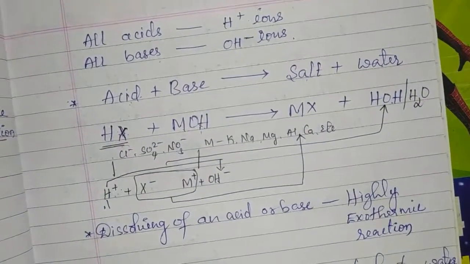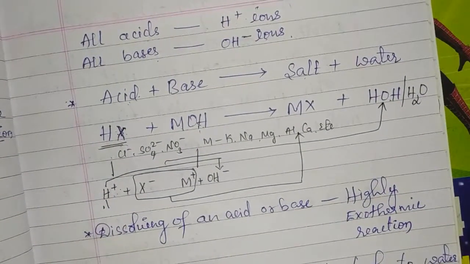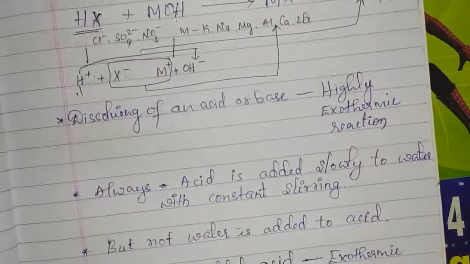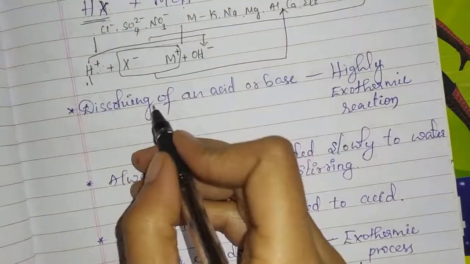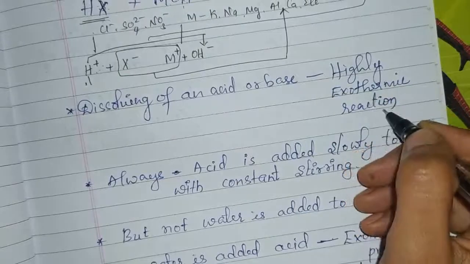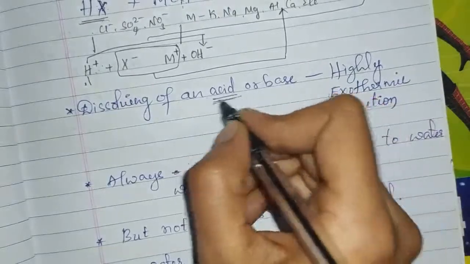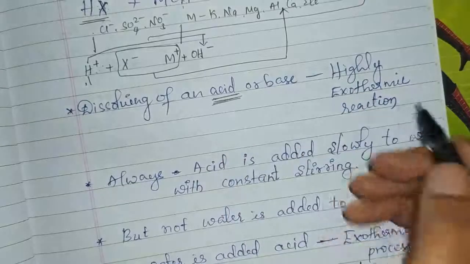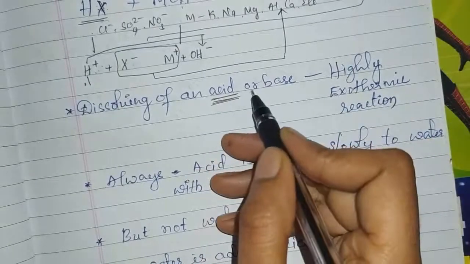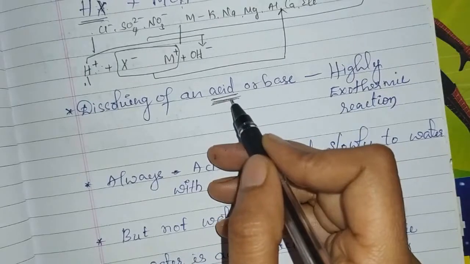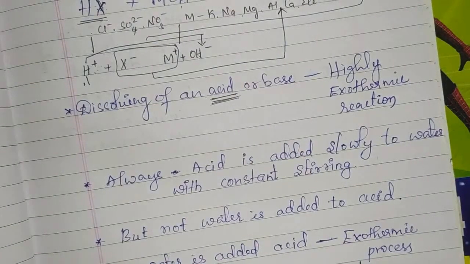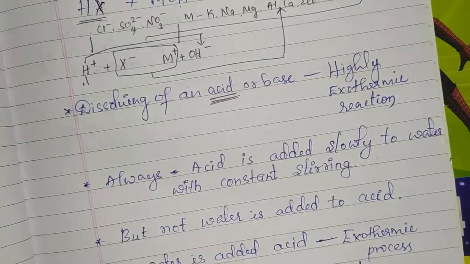Like this, acids release hydrogen ion and bases release hydroxide ion. Let us see, dissolving of an acid or base is a highly exothermic reaction, especially for acid. On dissolving acid in water, the beaker in which we are dissolving the acid becomes hot.